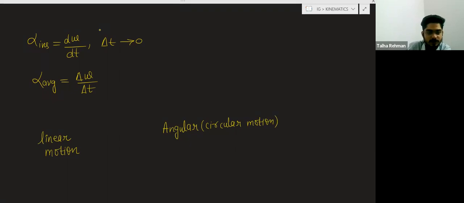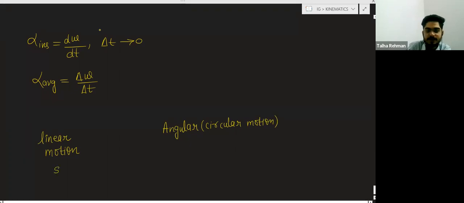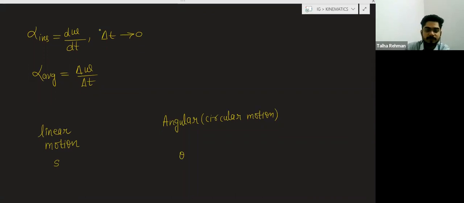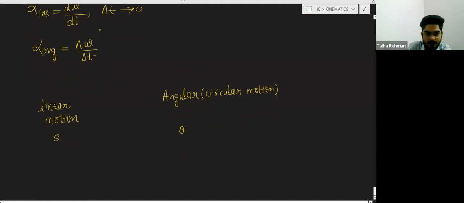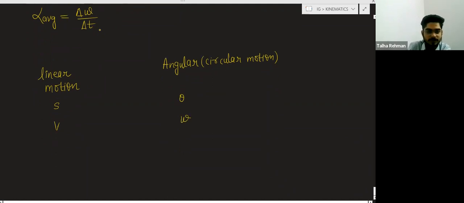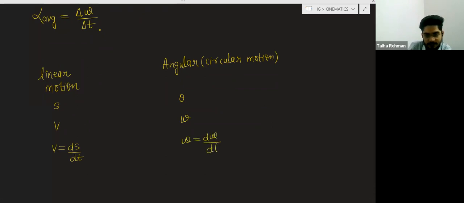In linear motion, we have the linear displacement. In angular motion or circular motion, we have the angular displacement. In linear motion, we have the linear velocity v. In angular motion, we have the angular velocity omega. This linear velocity is given by ds by dt.